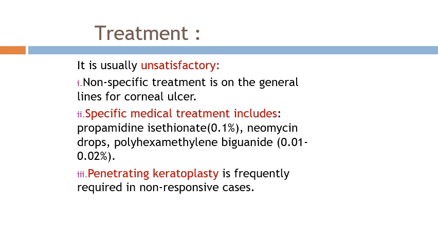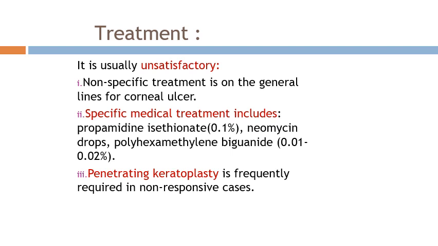Before going to the treatment, we should know the laboratory diagnosis. Here in this slide you don't have it, but you can see it in the book that is given. You diagnose the disease by sending scrapings of the ulcer and going for the Kaviz slide, in which you can see the acanthamoeba cysts.